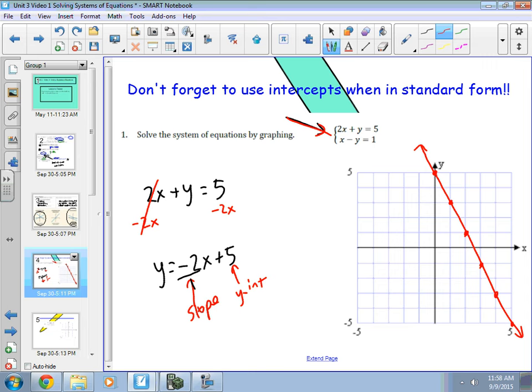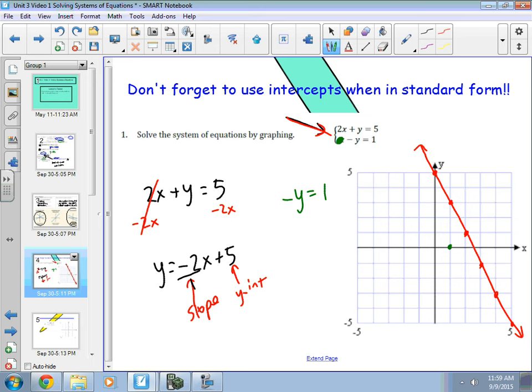Okay, we could do the same thing for the bottom line. Let's try a different method for this one. Let's use cover-up method. So remember, cover-up method is where you cover up one variable and see what the other is, basically substituting 0 in. So let's cover up the y. If we cover up the y, here our equation becomes x equals 1. So on the x-axis, let's put a dot at 1. If we cover up the other variable, meaning we're substituting 0 in for x, now we have the equation -y equals 1 left.